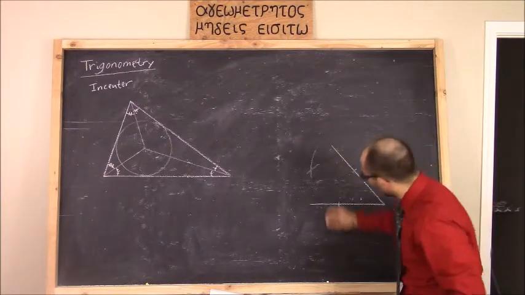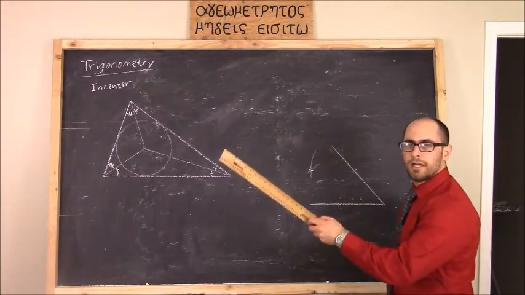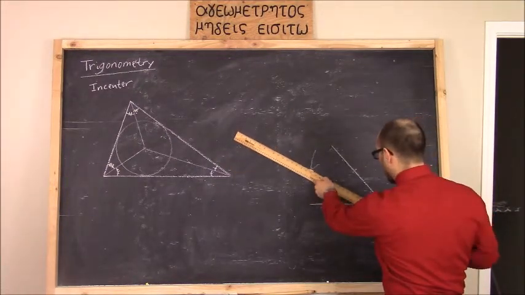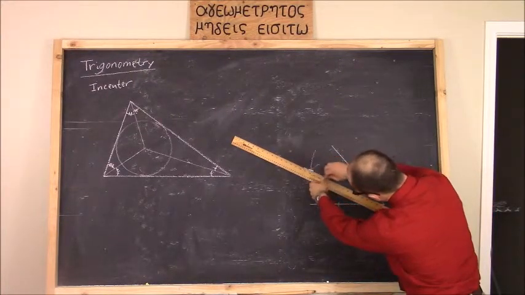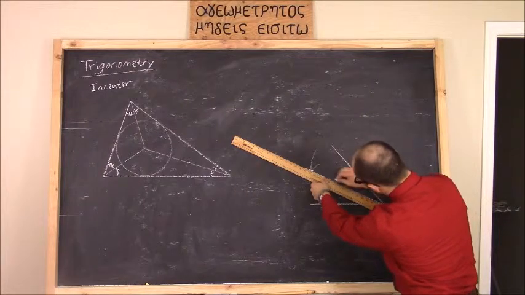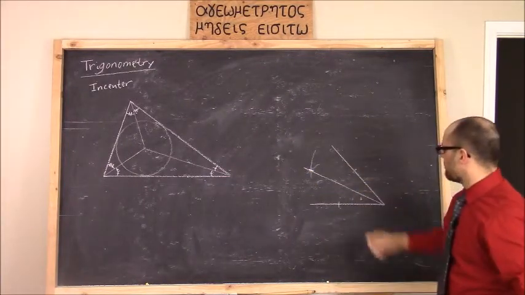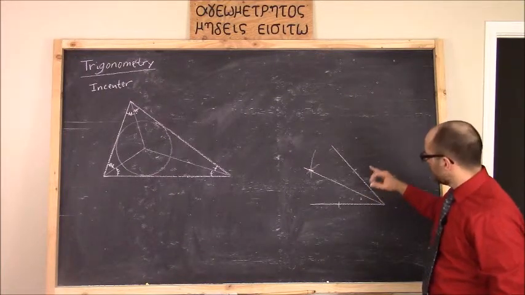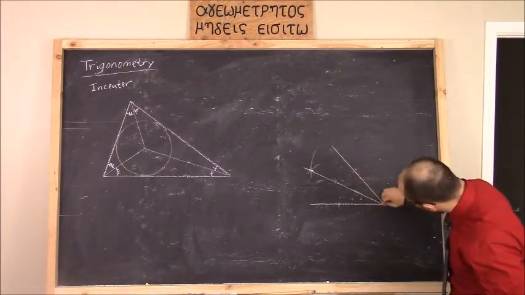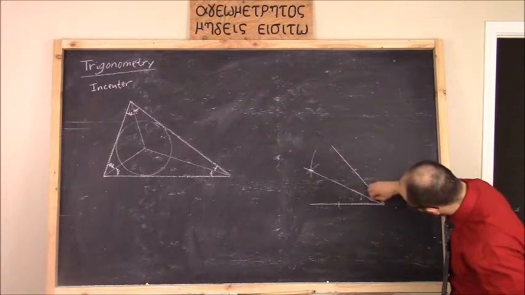Where they intersect, I will connect a straight edge and draw a line from the vertex of the angle to the intersection. And that is a bisection, meaning now I've cut the angle in half. This angle here is equal to this angle here.